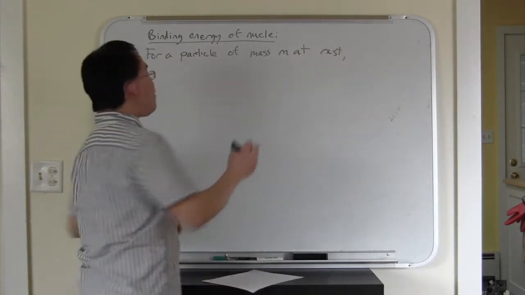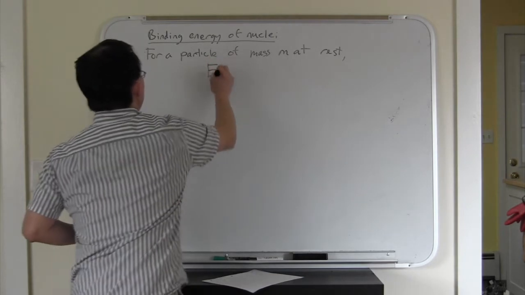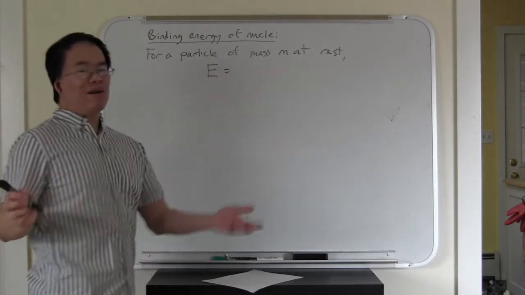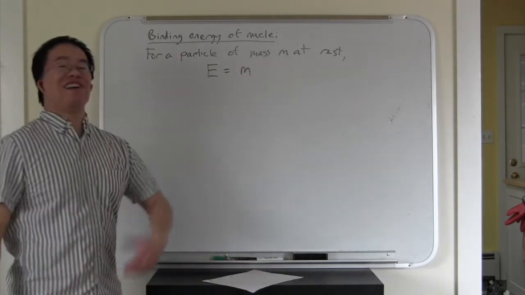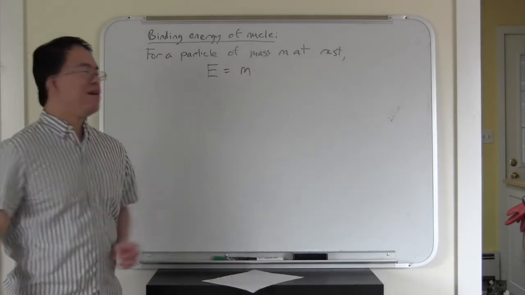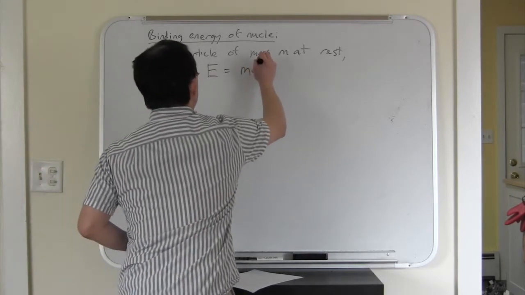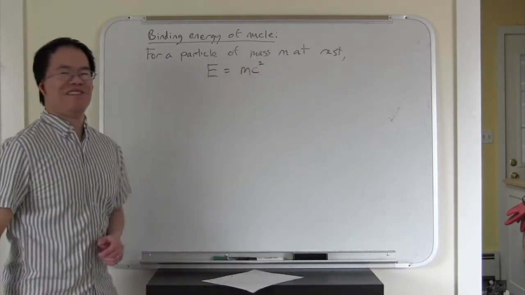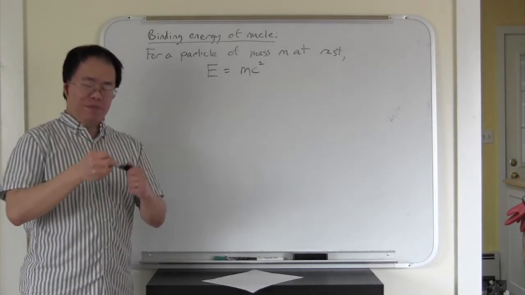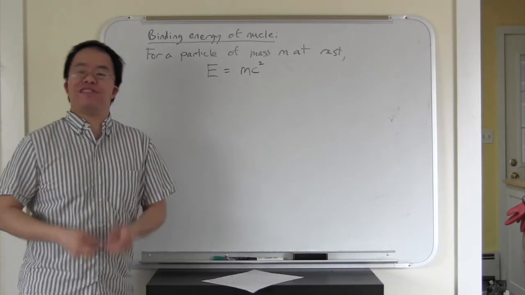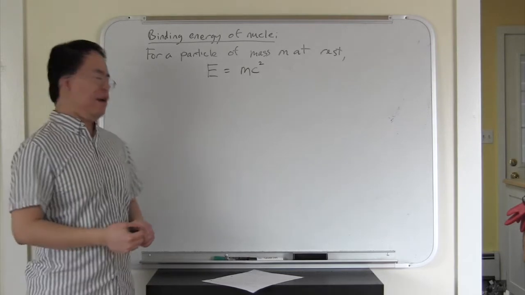In SR units we just said it was E equals m. In SI units, which we'll use now, there's a factor of c squared. And so one of the most important applications of this idea is in nuclei.